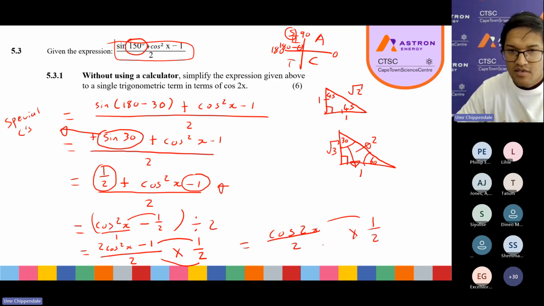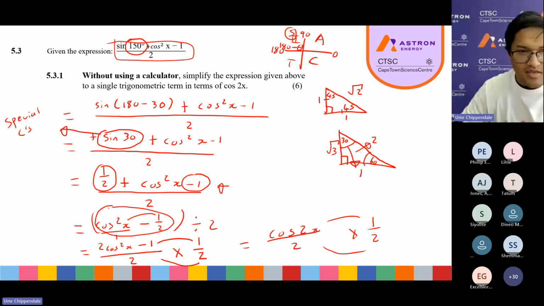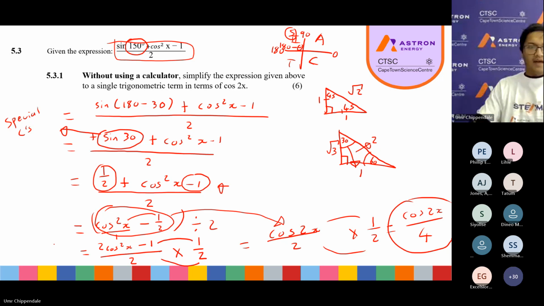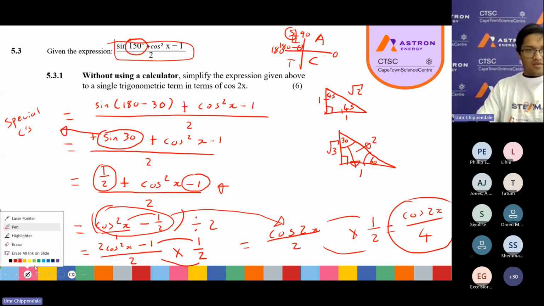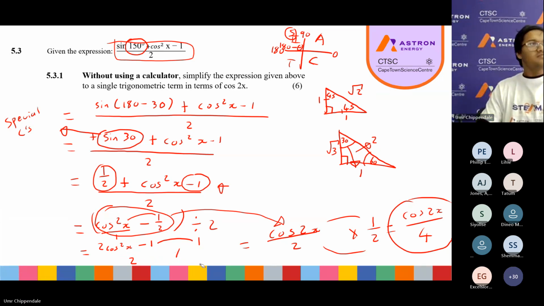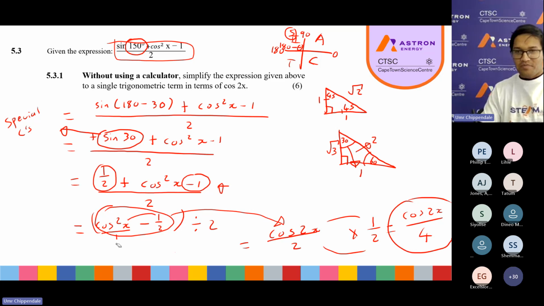Because this cos squared x minus 1 is our compound angle, we replace it and multiply over, and then your answer is going to be cos 2x over 4. And that's your final answer. There we go. So don't forget the compound angles. Cos 2x over 4. Perfect.